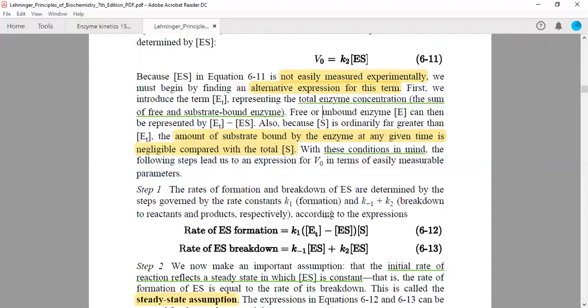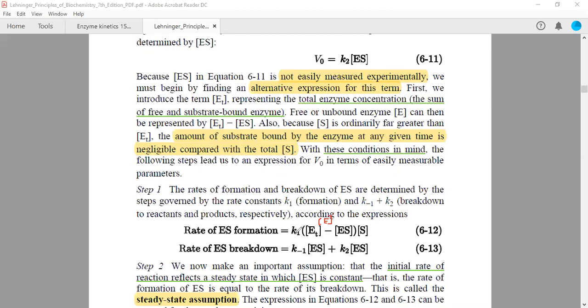In the first step, you can write this as the free enzyme concentration, with brackets to show concentration. This free enzyme can be shown as ET minus ES, multiplied by the substrate concentration. This is your enzyme, this is your substrate.